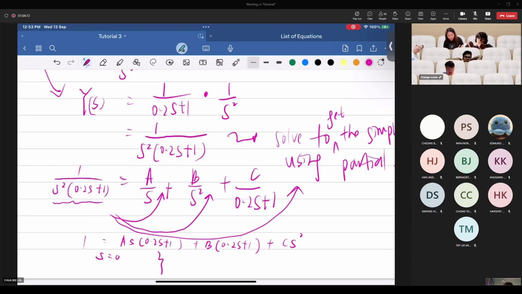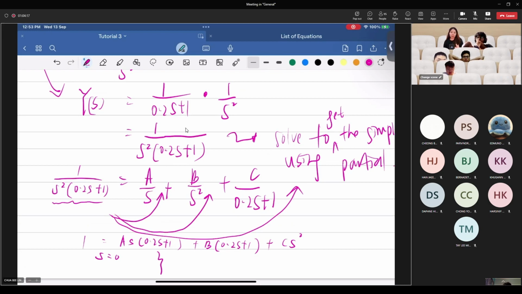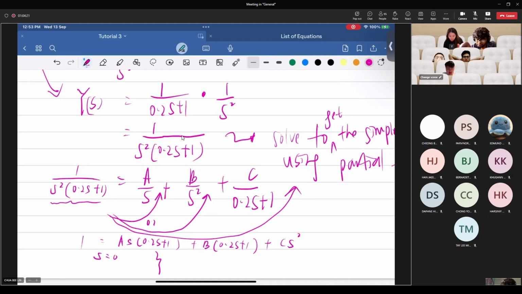In this case, for the first one I put s equals 0, or rather 0.2 times -5. Easy one, right? 0.2 times -5 gives you -1, and -1 plus 1 gives you 0. So s equals -5.